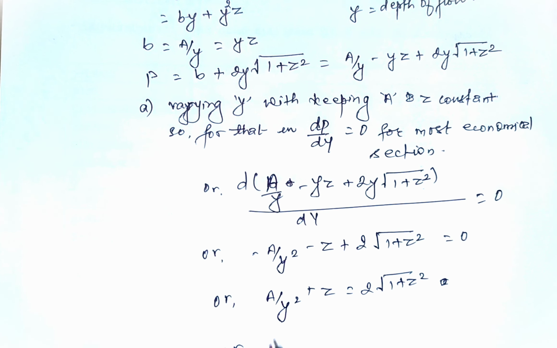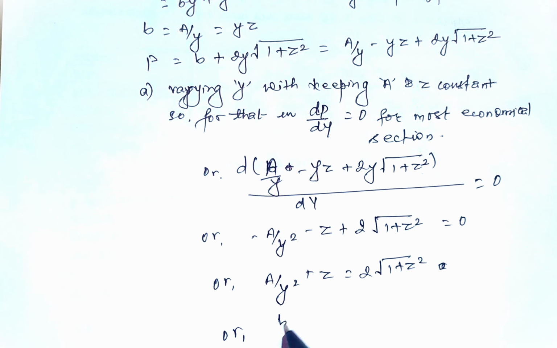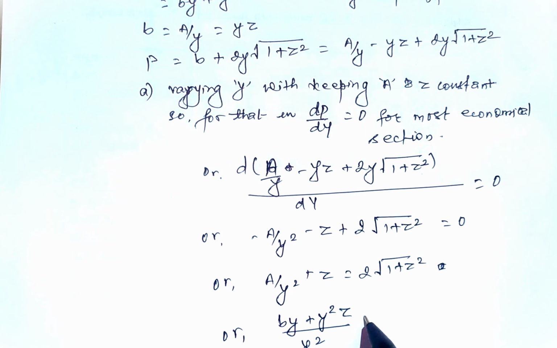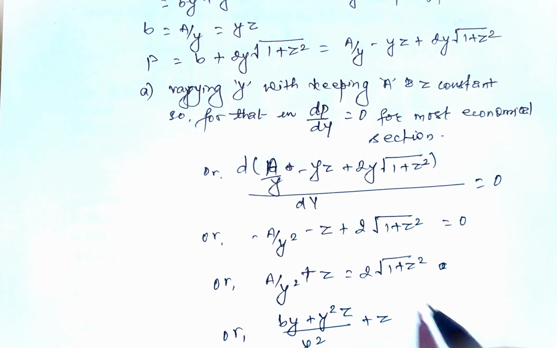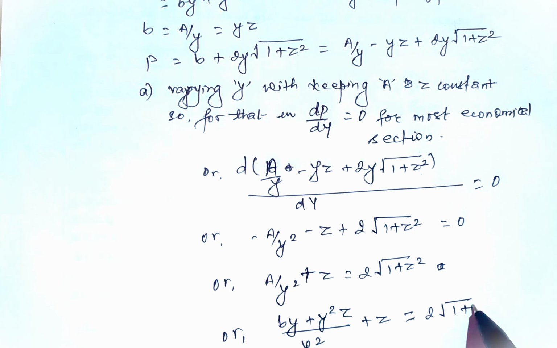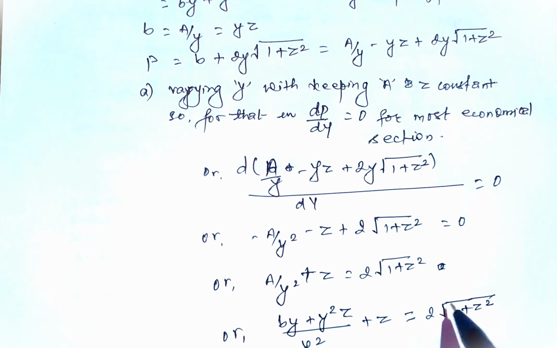Or placing the value of A, by plus y square z divided by y square plus z equals 2 root over 1 plus z square.